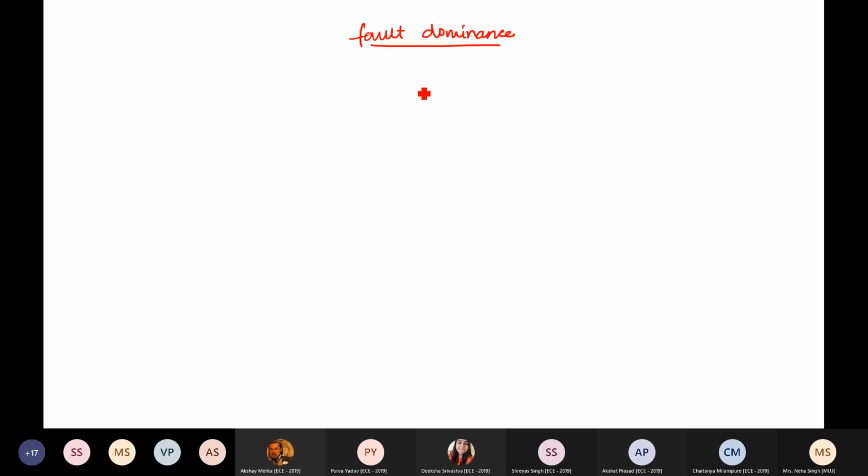Fault dominance का जब भी question आएगा, so you just look at the circuit. For example, you had a circuit with the AND gates, OR gate, and a NOT gate. This was the question from your assignment or the tutorial.